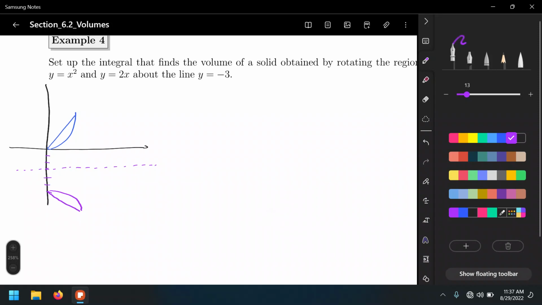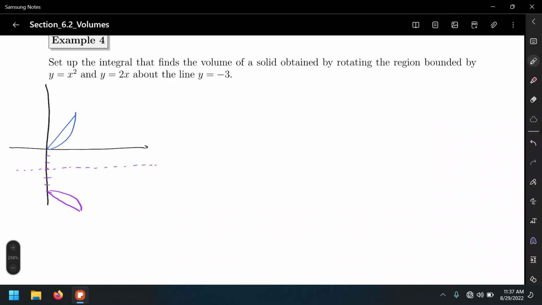Now here is the thing, when it comes to setting up these problems, we need to consider the 2 radii, an outermost radius and an innermost radius. Okay, so I'm going to look at this region the following way.